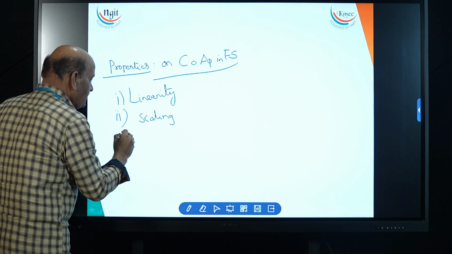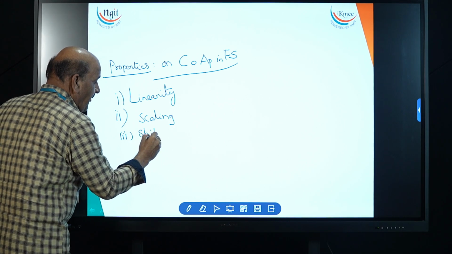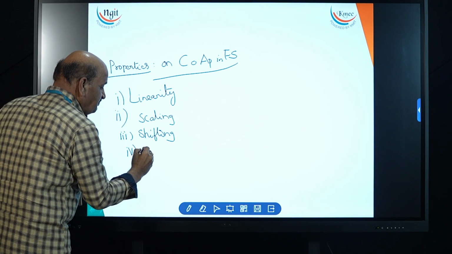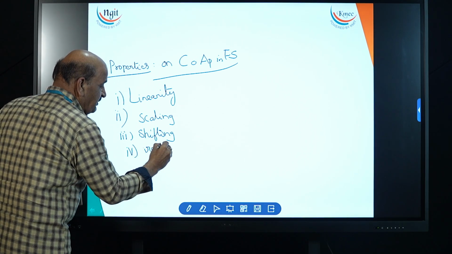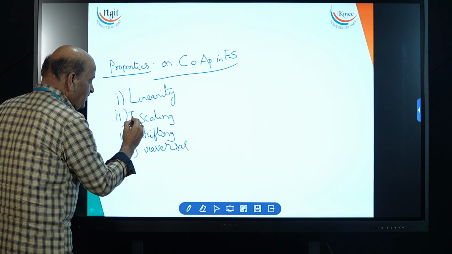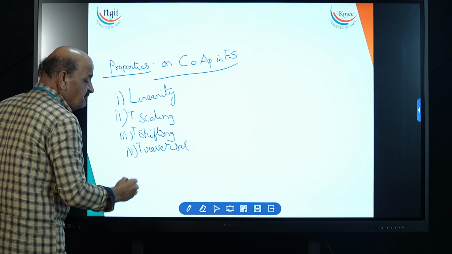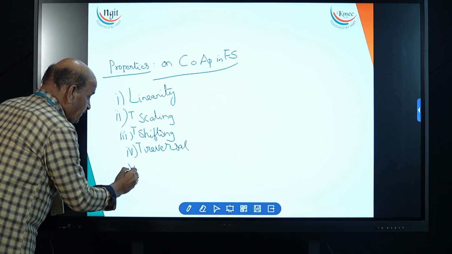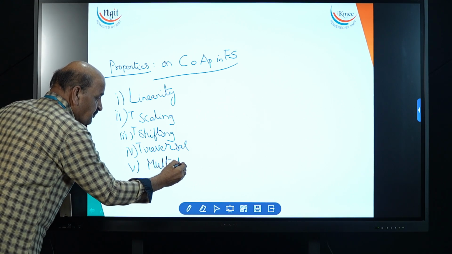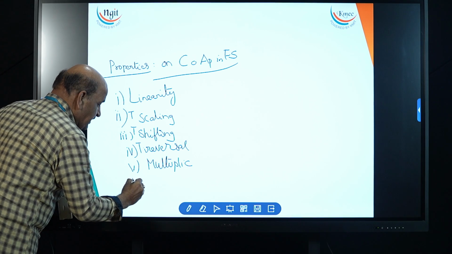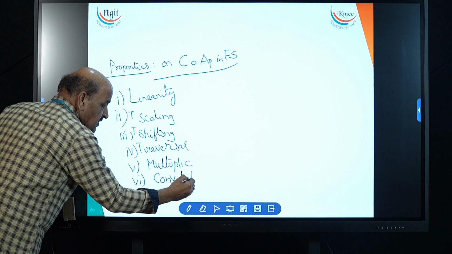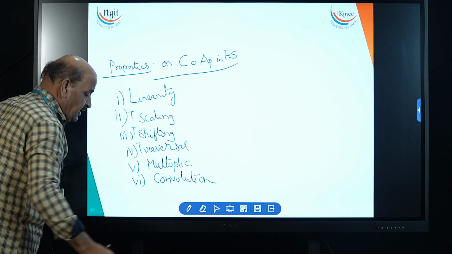Third property is called shifting property. Fourth property is called time reversal. So these are linearity, time scaling, time shifting and time reversal. Fifth property, multiplication property. The sixth property is called convolution property.